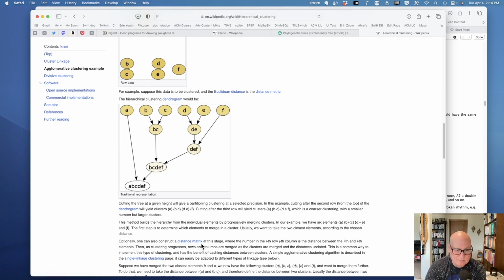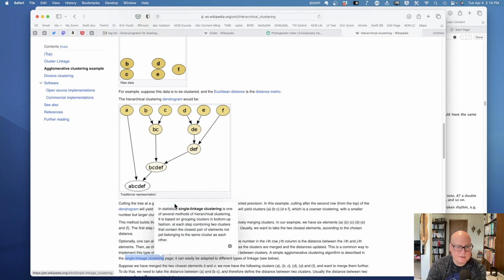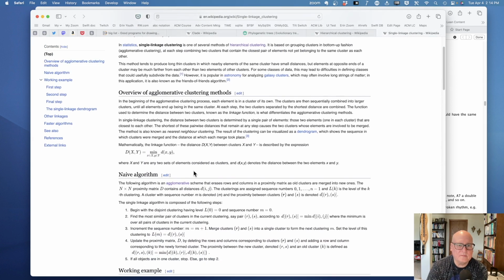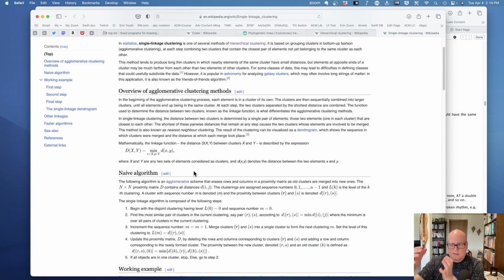Okay, optionally, one can compute a distance matrix. As clustering progresses, rows and columns are merged. Yeah, it's a common way to implement it. The single linkage clustering page. Okay, let's take a look there. I don't think I went there. Agglomerative, the word glue is in there.